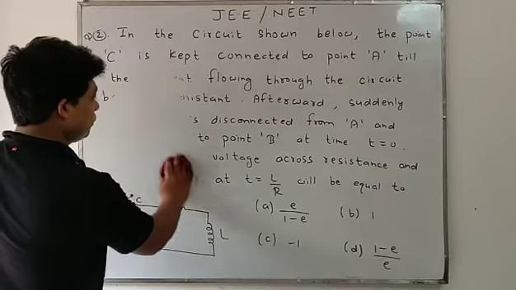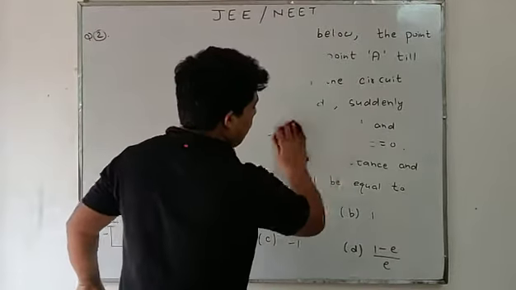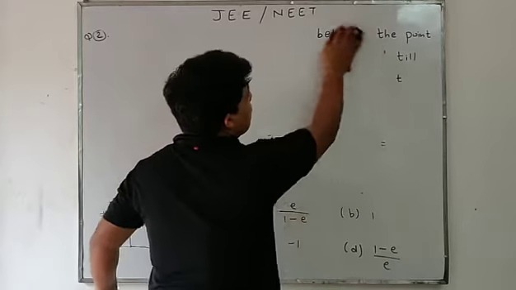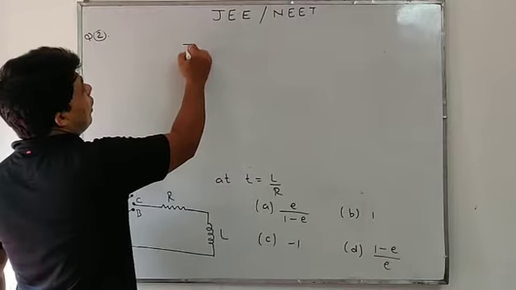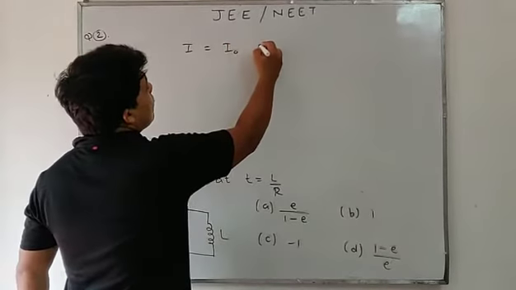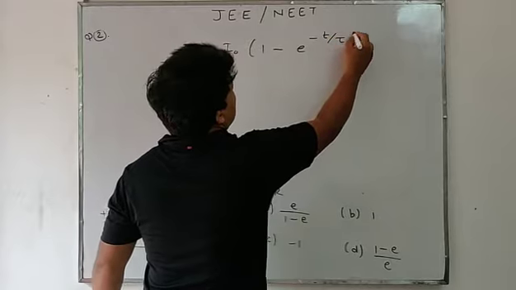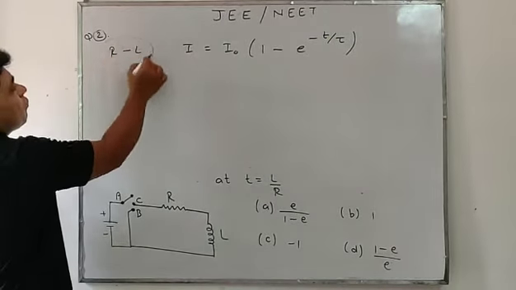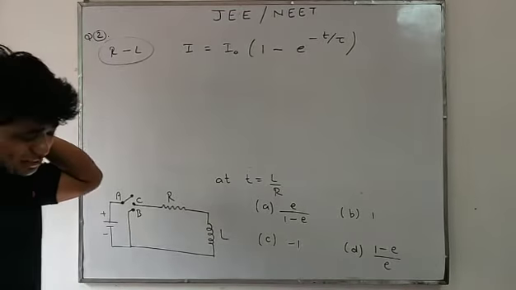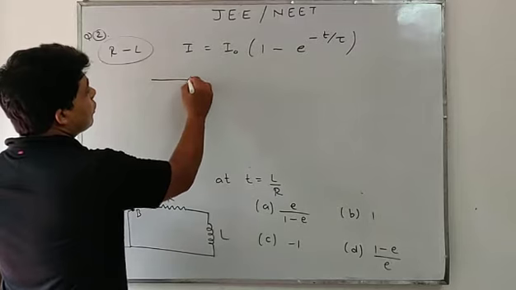Look at students. Actually there is a relation for current, I equals I naught into 1 minus e to the power minus t by tau, for the RL circuit. That is a relation for current, but he is asking for potential difference. So what will we do, students?